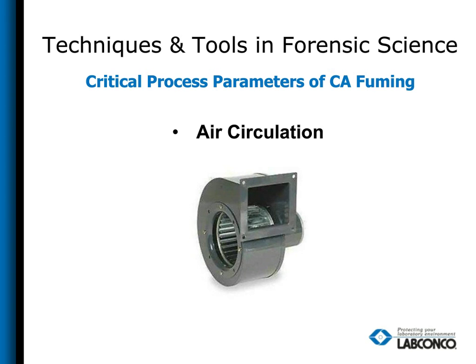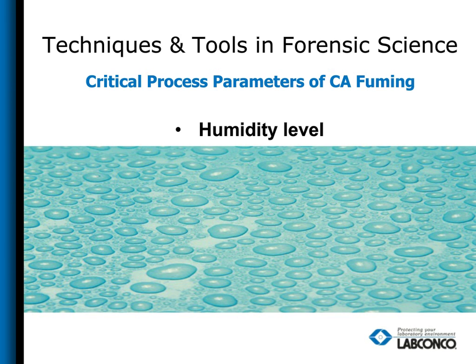Another area that is pretty consistent is humidity. Throughout the world, depending on extreme geographical locations, usually 70 to 80% humidity during the fuming process is optimum for consistent latent print development on all types of evidence, from semi-porous to non-porous.